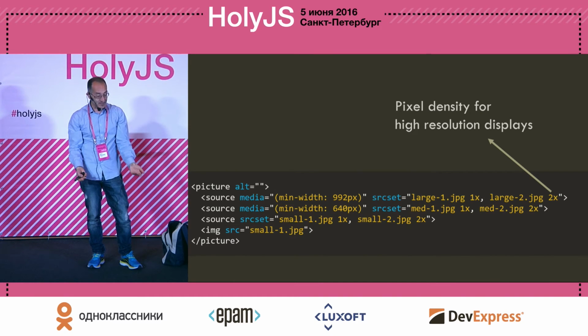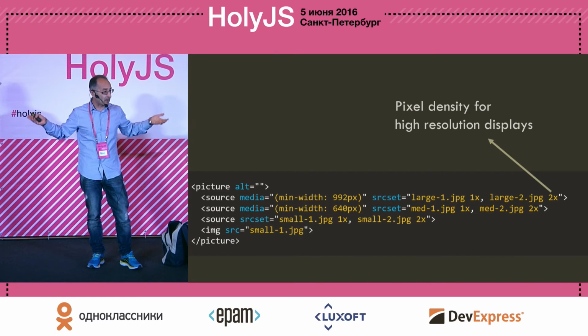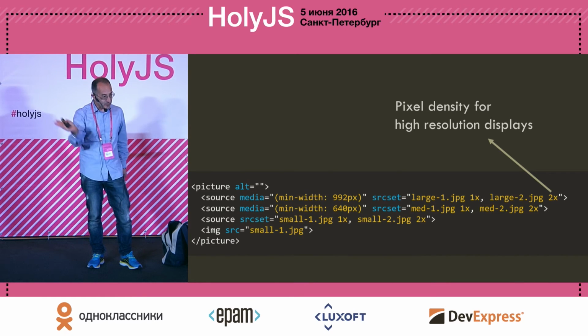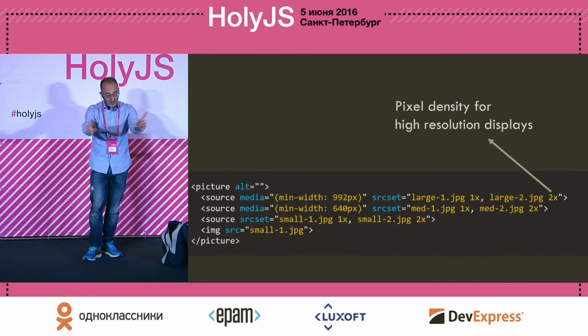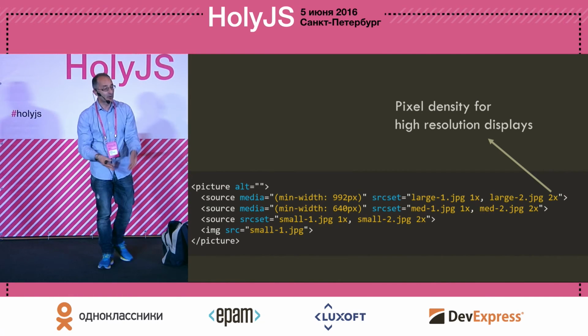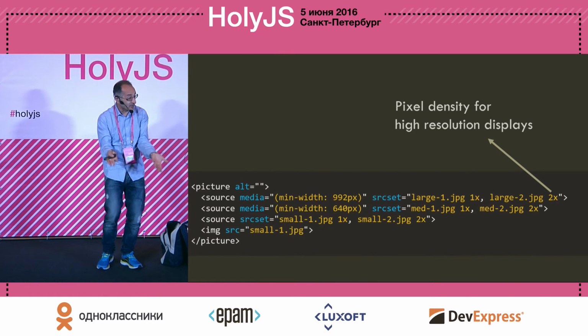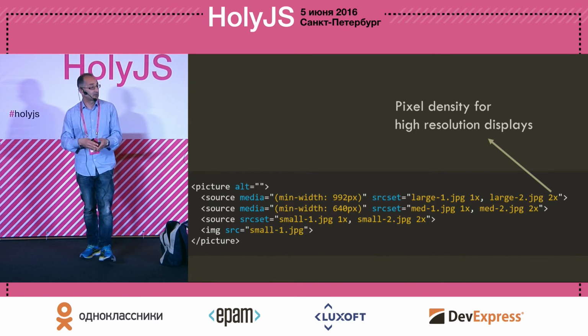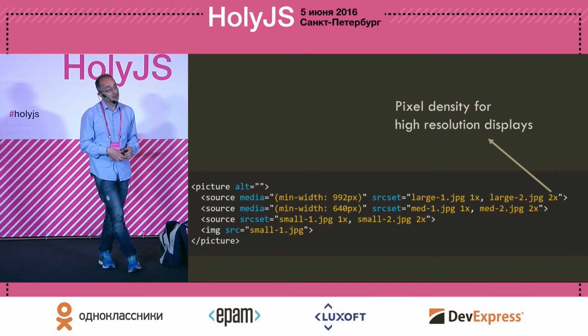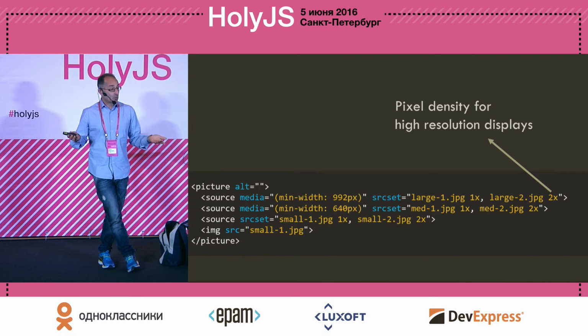If the browser is an old browser and knows nothing about the picture element, everything will be ignored but the IMG, which is there as a fallback. So this code works if you use it now. If the browser works as a polyfill, I would say. So if the browser is smart enough, new enough, sophisticated enough to recognize the syntax, it works and it's fine for you.